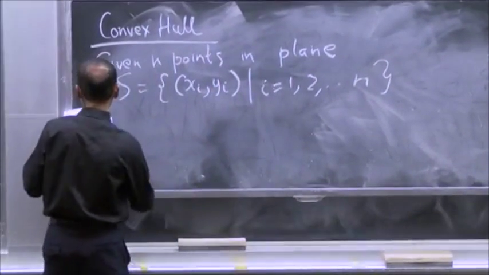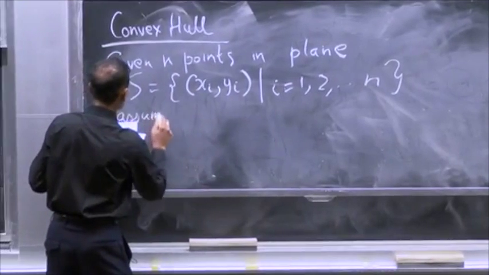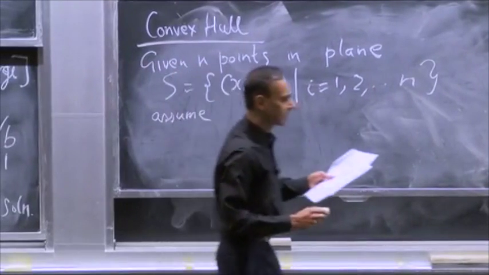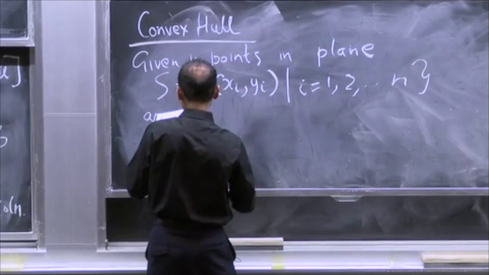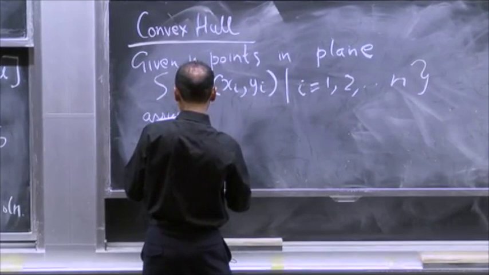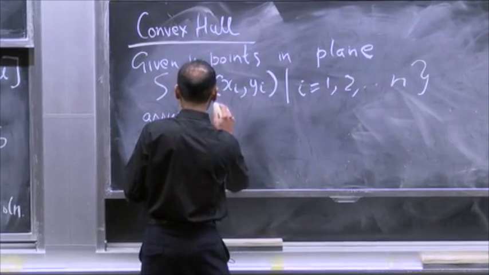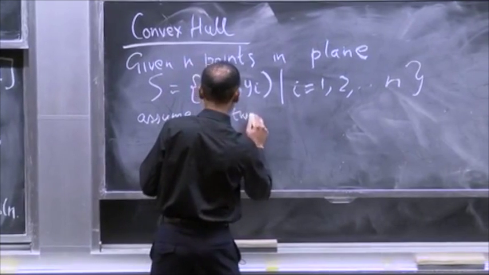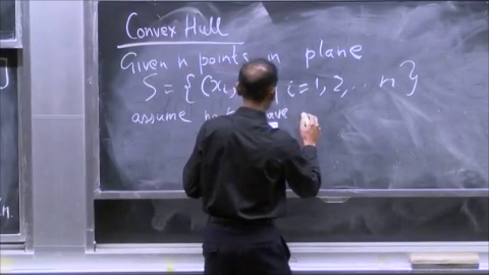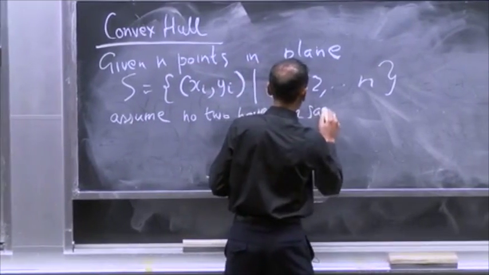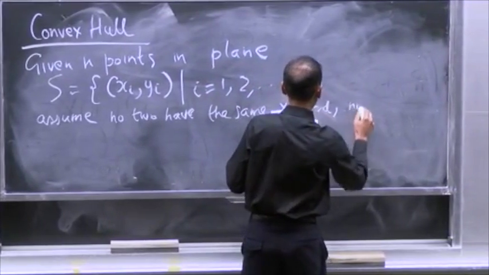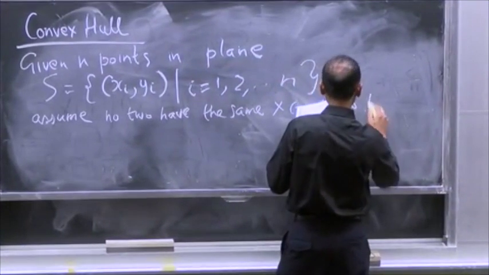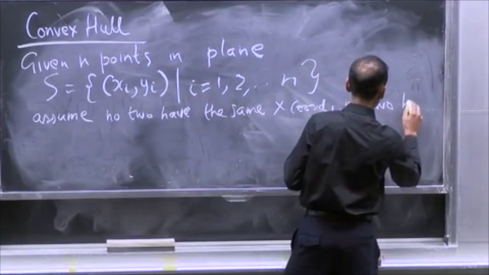And we're just going to assume here, just to make things easy, because we don't want to have segments that are null, or segments that are a little bit different because they're discontinuous, that no two have the same x coordinate. This is just a matter of convenience. And no two have the same y coordinate.